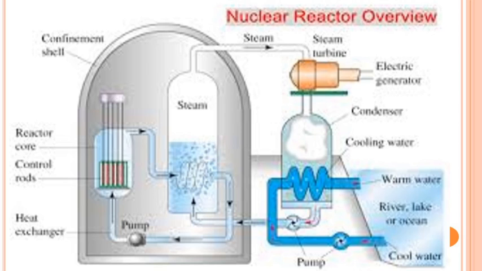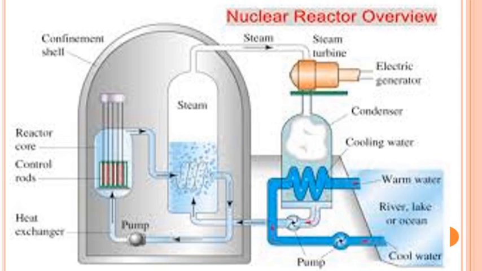On the left hand side, you can see control rods and a reactor core, and from that hot water is passed through a chamber, and in which it gets mixed up with the cool water, so that steam is produced, and that steam is given to a turbine or an electric generator for producing electricity.